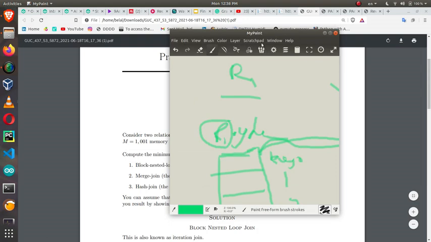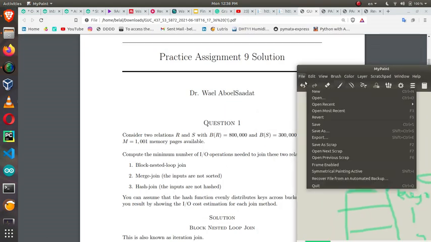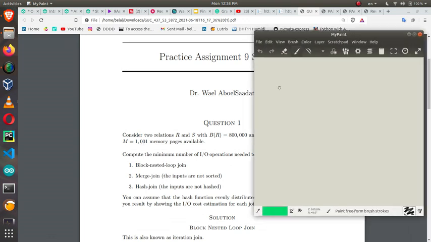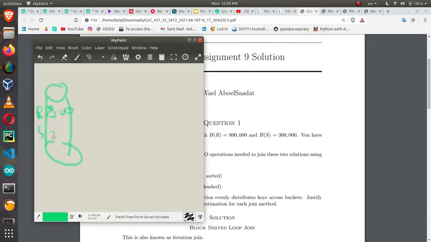So the first one is we are gonna use iteration join, and we have to use these memory blocks. Here is the hard disk. We have 800,000 memory blocks for relation R, and for relation S 300,000 memory blocks. And here is our RAM, and we have 1001.